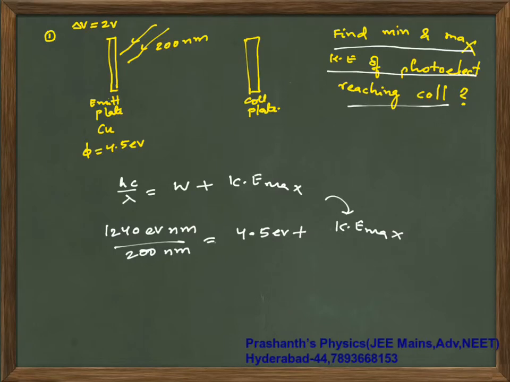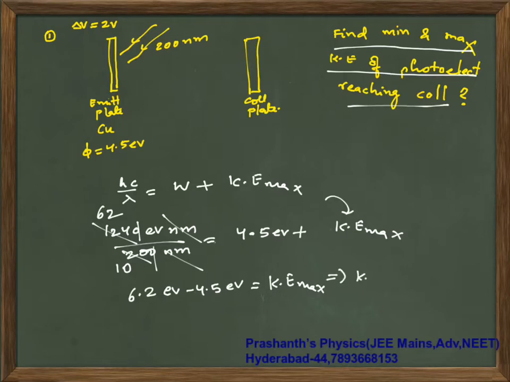So first calculate the kinetic energy of the ejected electron. Get the Ke max value. Nanometer will cancel off, 0 0, 2 10s, 2 62s. So 6.2 electron volt minus 4.5 electron volt is equal to Ke max.